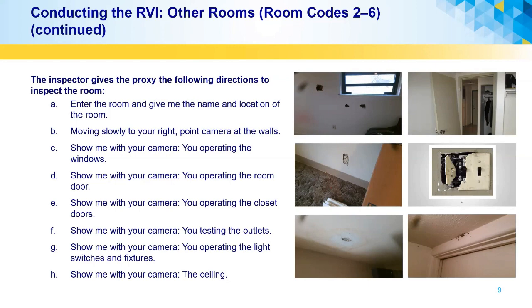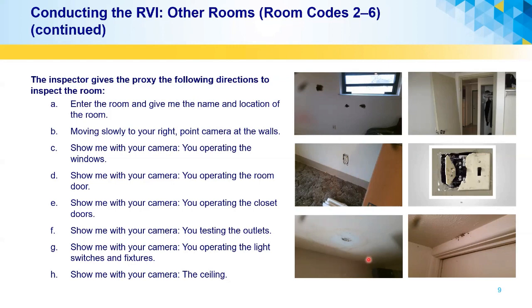Now we can see we've got some photos there. On the top left, we've got some holes in the walls in this particular room. Right below that, we've got a missing cover plate on an electrical outlet. Below that, we've got ceiling damage from water leaks.